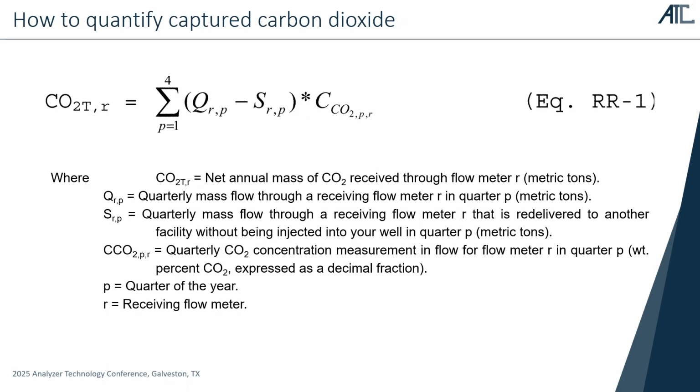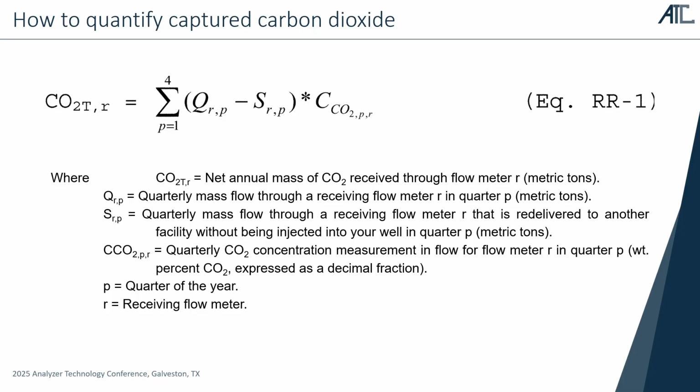Okay, so the IRS says, tell us how much CO2 you're capturing, but now it falls on the back of the EPA regulations to tell us how to do that. And I'm not going to go through a major digest of the EPA rules, but in the greenhouse gas reporting regulations, you see a number of calculations very similar to this one. This one comes from subpart RR of part 98.